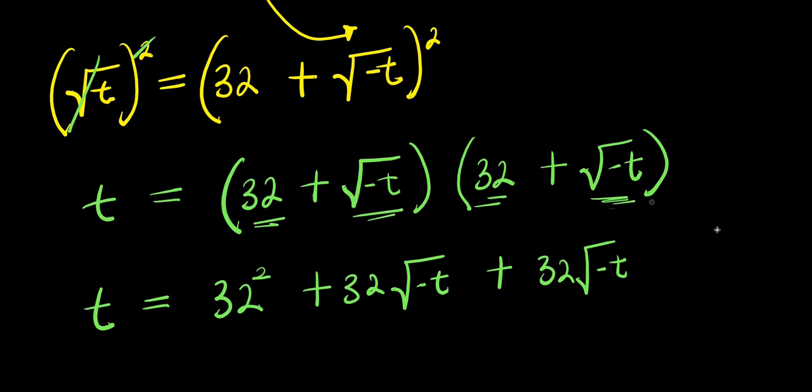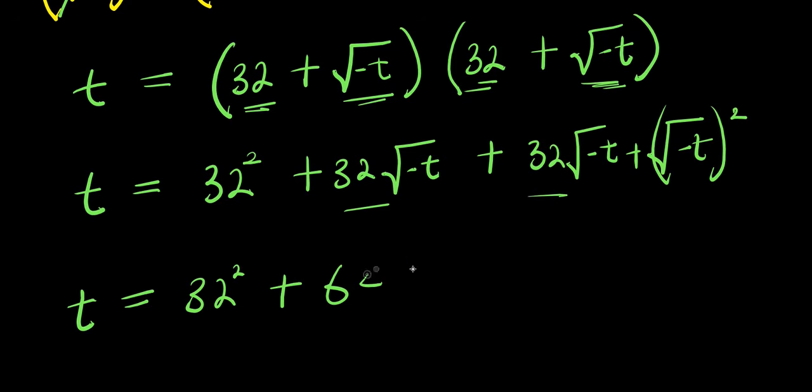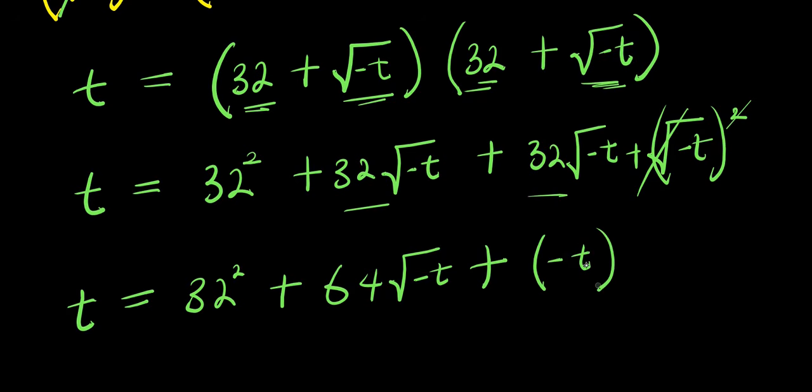This times this, we simply have root minus t raised to the power of 2, right? So from here, t equals 32 squared plus 64 root minus t plus this will cancel this. We have minus t.